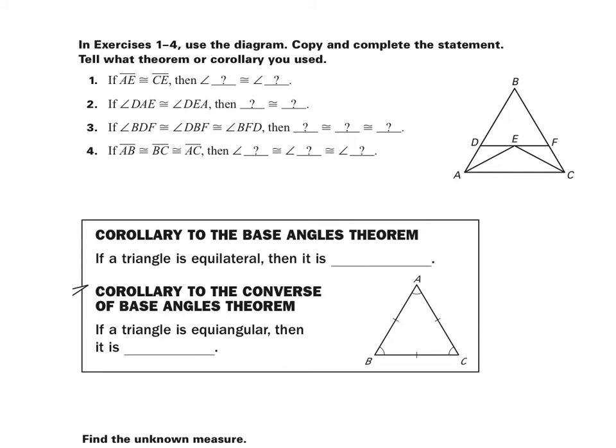So we're going to look at this diagram and see if we can find the congruent things based on the angles and the sides. So looking at AE and CE are congruent. So that means the angles opposite, so that would be ECA and EAC.